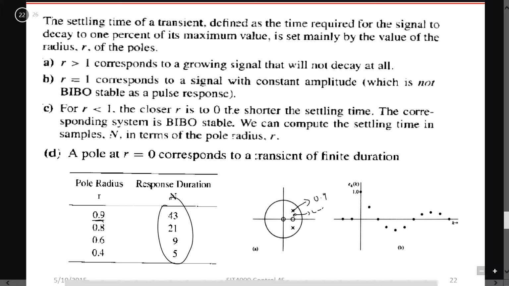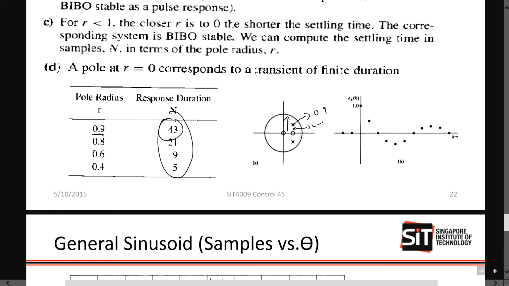As you can see, the further you go into the imaginary axis, the response duration actually changes. We explicitly define what the delay is, what I mean is the delay of the decay. At this particular point over here, as you can see, it decays very fast.